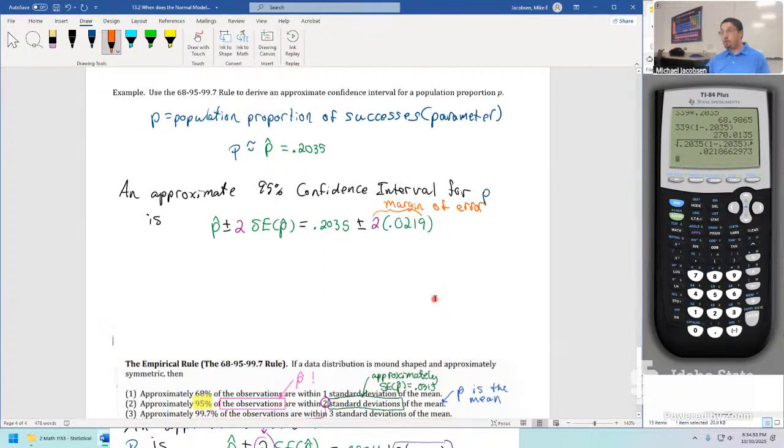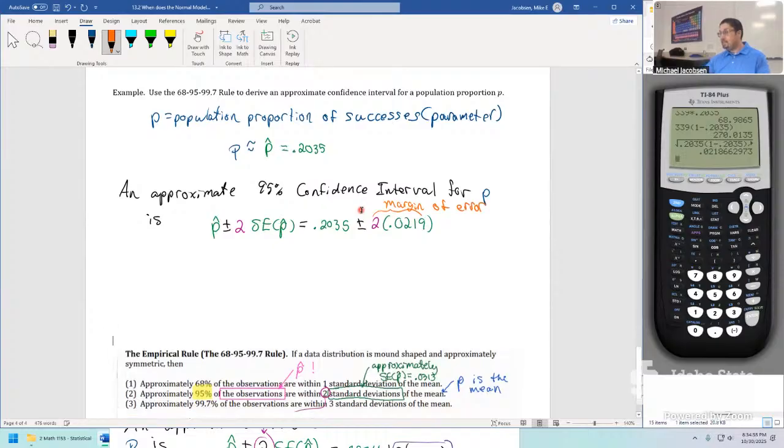Now let's put this down below and start calculating. So when we use this confidence interval, here's what happens. The parameter P is the thing being estimated. It goes in the middle of this triple-sided inequality. In the calculator, we run this whole line with a negative sign first to get the left side. So 0.2035 minus 2 times 0.0219.